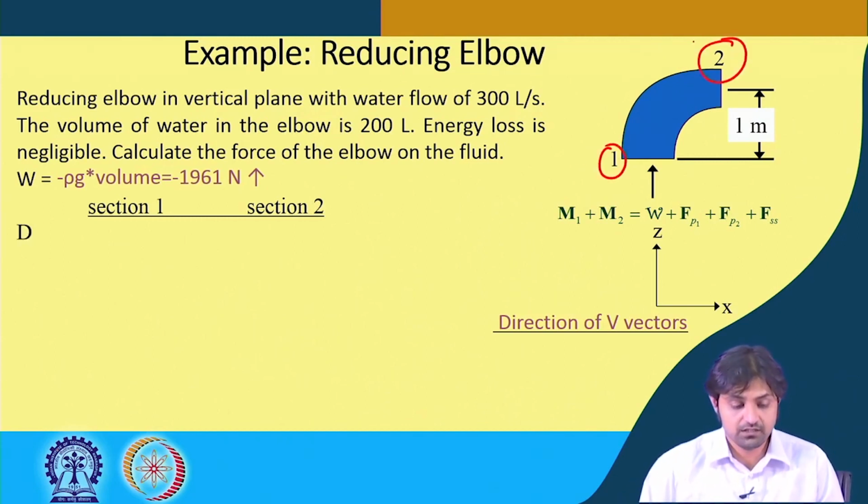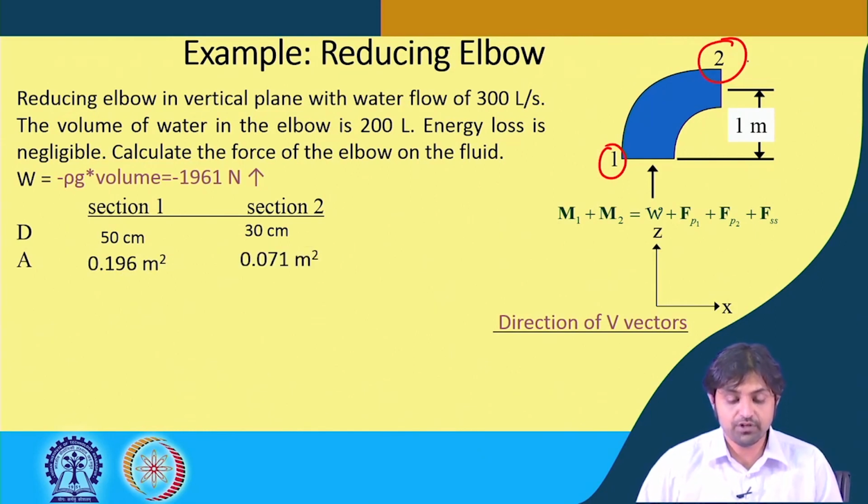We have to find the diameter, which is 50 centimeters at section 1, and the diameter at section 2 is 30 centimeters. So the area will be 0.196 meters square in section 1 and 0.071 meters square in section 2. The velocity is going to be 1.5.